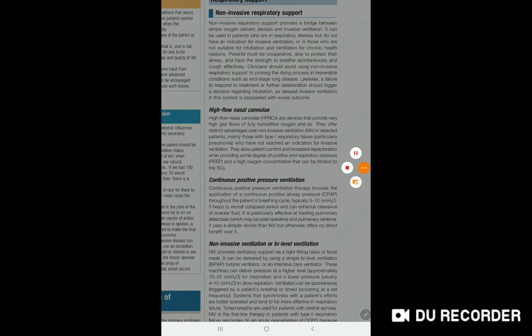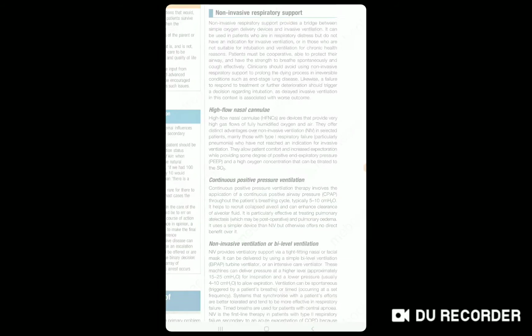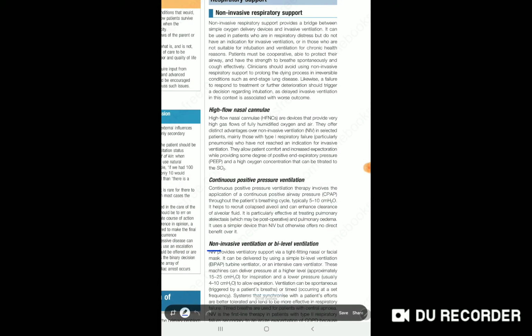One is called high flow nasal cannula, another is continuous positive airway pressure, and another is non-invasive bilevel ventilation. In high flow nasal cannula, it is a device introducing a nasal cannula, and you give humidified oxygen and air. It is usually given to patients with type 1 respiratory failure.